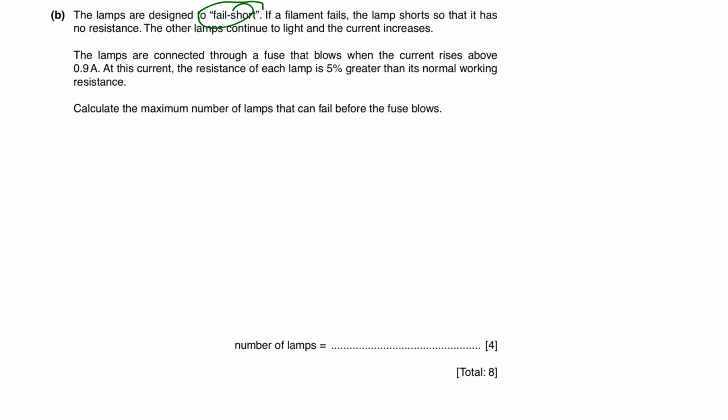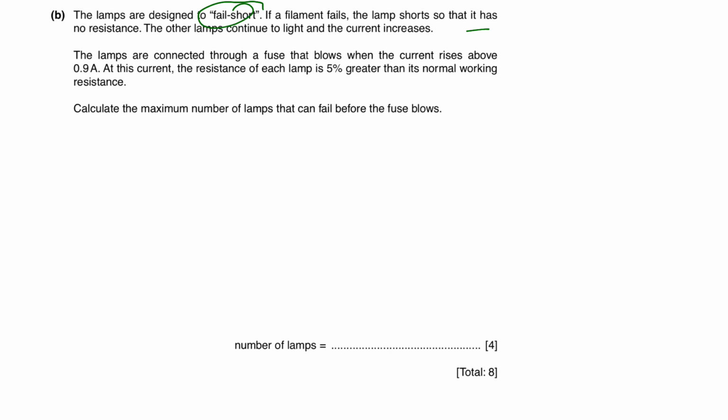Here, if a filament fails, the lamp shorts so that it has no resistance. Because of this, the resistance becomes zero, so the other bulbs will not stop glowing.